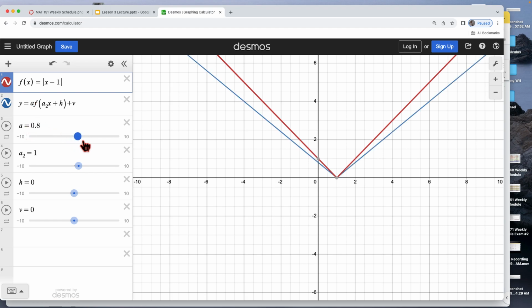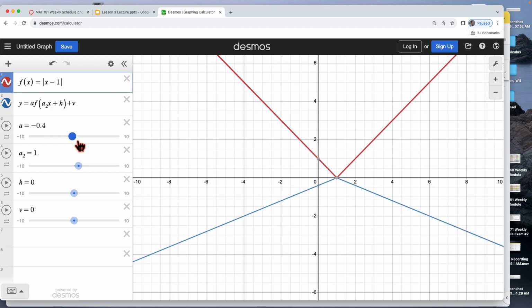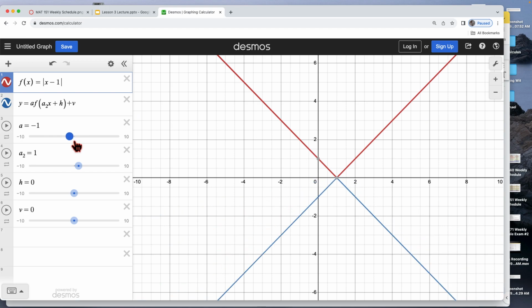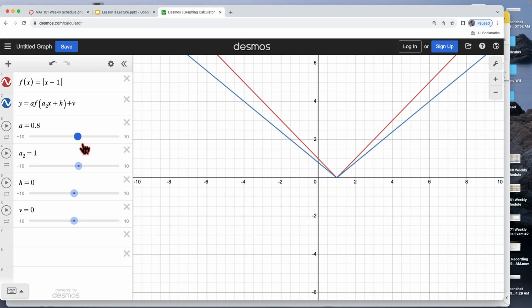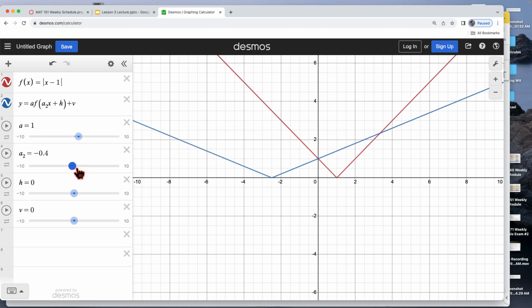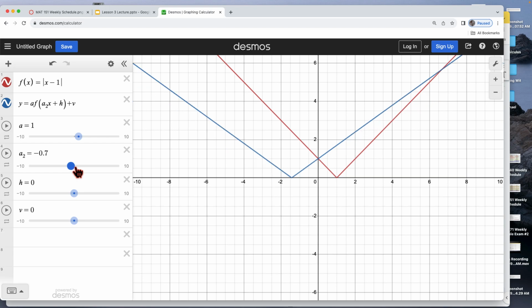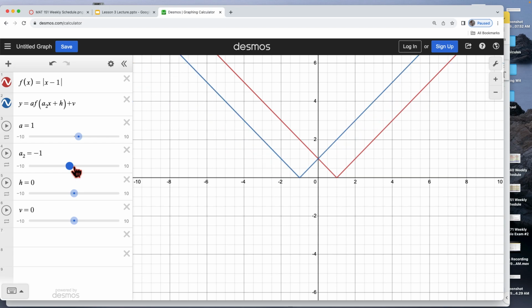So if I change this to -1, notice that's what we have. I'll put it back. And if inside I change this to -1, this kind of goes through a transformation process, but watch, I'm almost there.